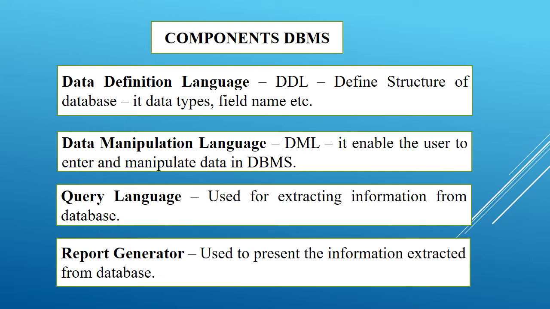And query language. The query language is used to extract information from the database. And report generator. This component is used to present the information extracted from the database. That is the output. This component will produce the output.